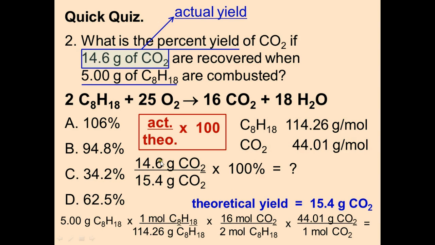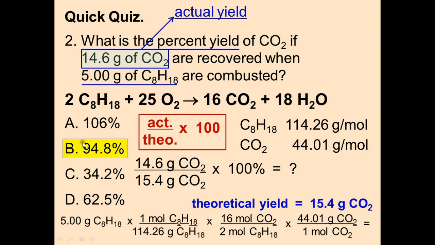It's only 0.8 off. So in the back of your head, you should be thinking that this answer should be close to 100 somewhat. And definitely, we just talked about how percent yield can never be over 100 because we can never get more than what we have or what we're expecting to have. So definitely not A, and no other answer is as close to 100 as B. And in fact, if you did do this, the answer would be B.